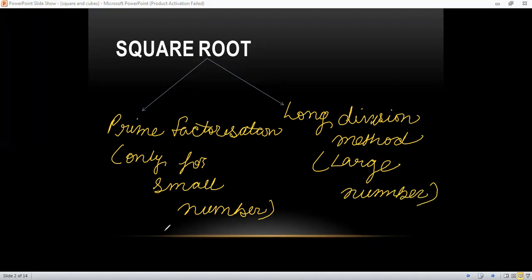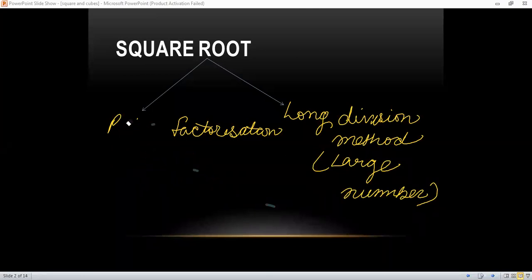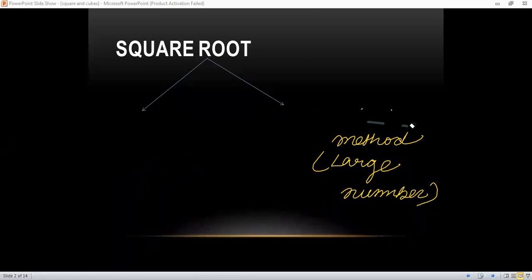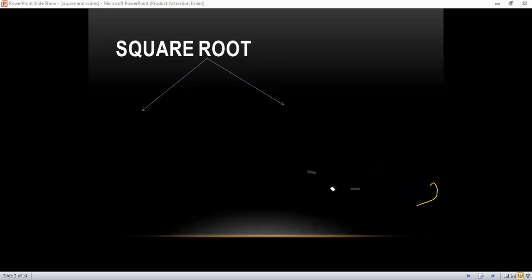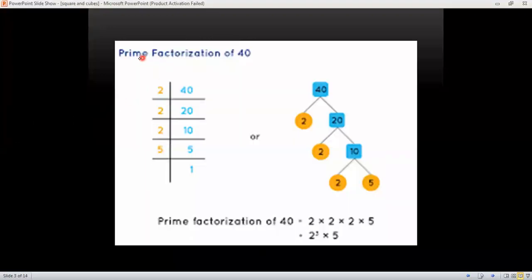Now let's first discuss what prime factorization is and how we find the square root by using the prime factorization method. Prime factorization of 40. These are the factors of the number.